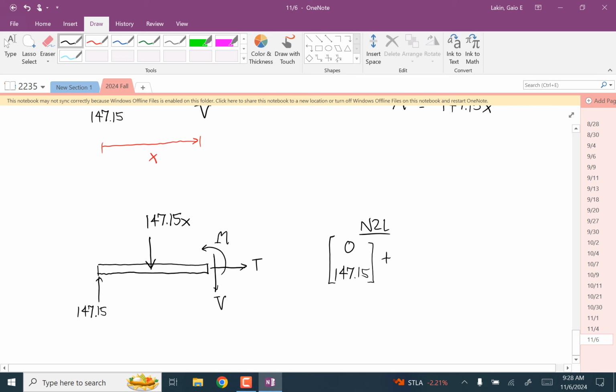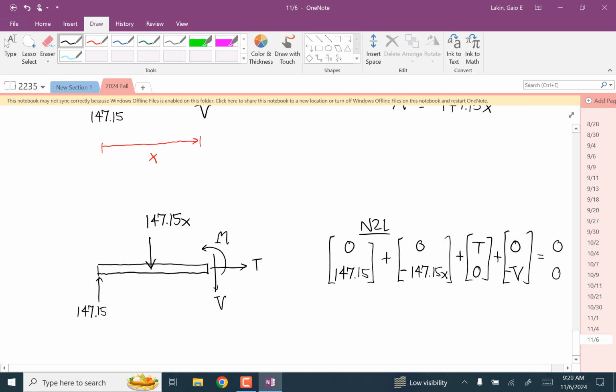Okay, so this 147.15x, the arrow says it's in the negative y direction. So that unit vector is 0, negative 1. And we're multiplying it by this function. So this is 0, negative 147.15x. And then T, 0, plus, this again is in the negative y direction, so this is 0, negative V, is equal to zeros.